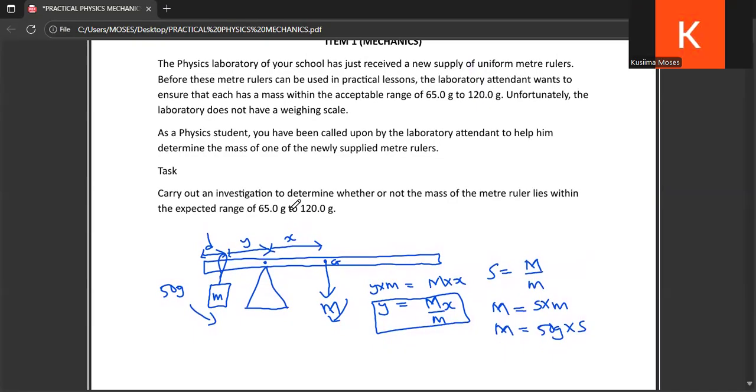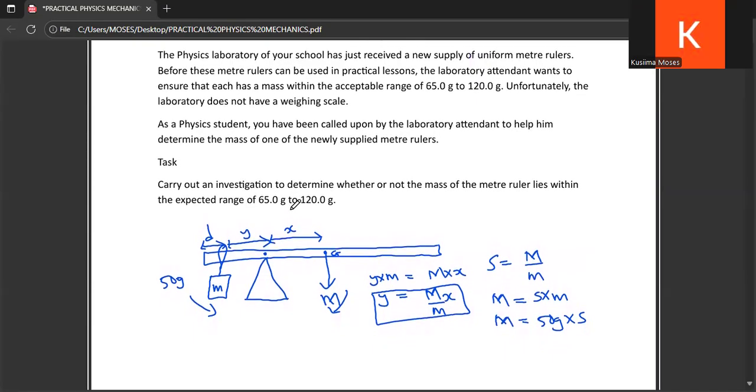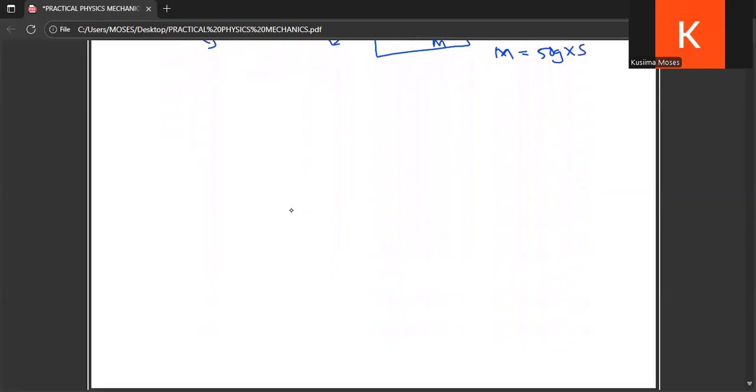Now in our task, we need to begin by coming up with the title for this experiment. So let us put down the title. The title must have an aim and a purpose.